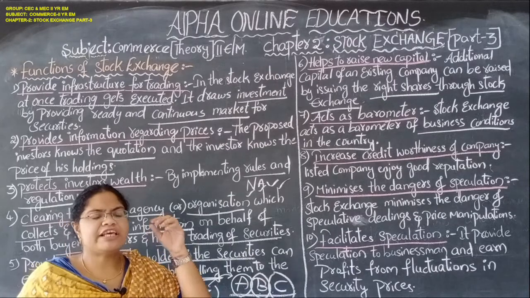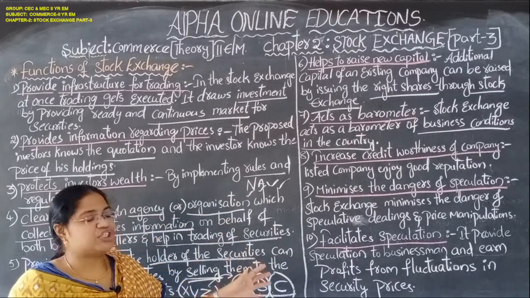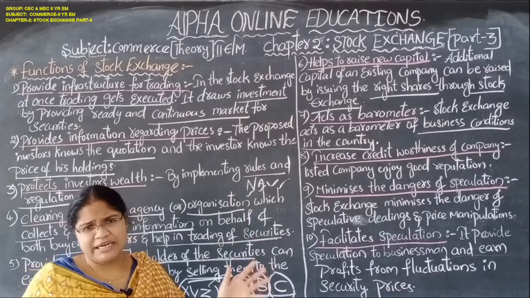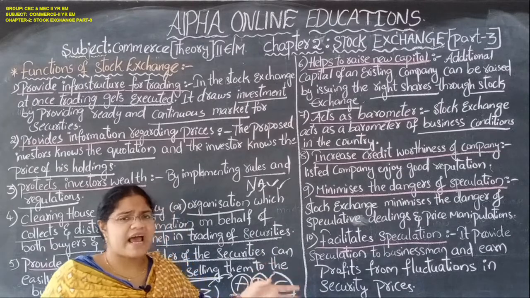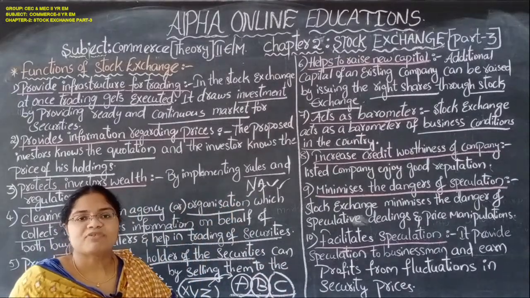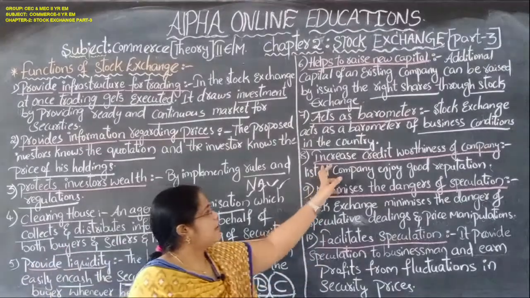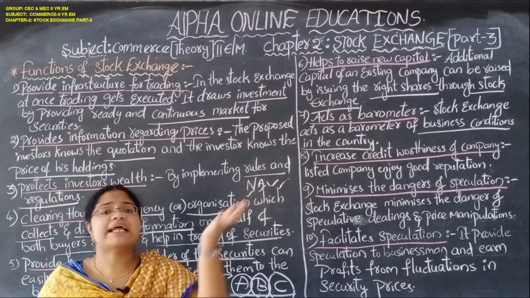It will display each and every information regarding the financial conditions or about the credit worthiness or any other thing which is related with the business, finance or any other thing that will be displayed by the stock exchange. Increase credit worthiness of the company. The company can increase its credit.